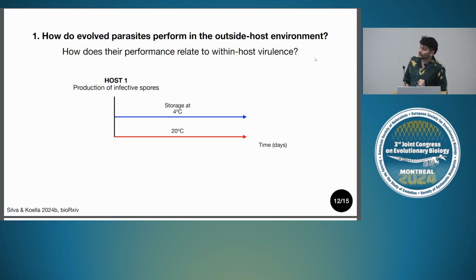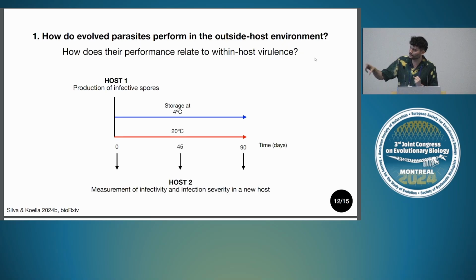Then they were stored at 4 degrees, which is basically the temperature they are stored at in the lab, so they are adapted for that for at least 10 to 20 years, and at 20 degrees. We kept them for a long time period, and then at 0, 45, and 90 days, we infected new naive populations of mosquitoes to see if they were able to infect them, as a proxy for the mortality of these parasites.